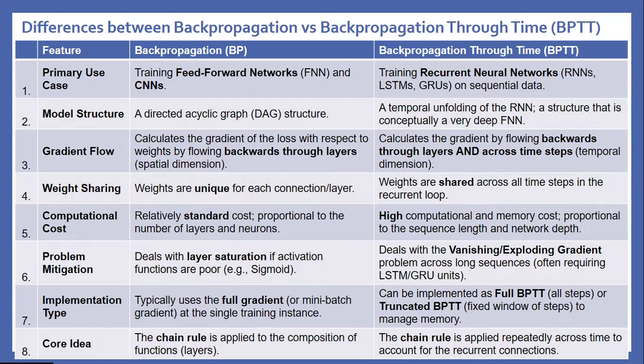Backpropagation through time can be implemented as full BPTT, all steps, or truncated BPTT, a fixed window of steps to manage memory. Core idea: in backpropagation, the chain rule is applied to the composition of function layers. In backpropagation through time, the chain rule is applied repeatedly across time to account for recurrent connections.